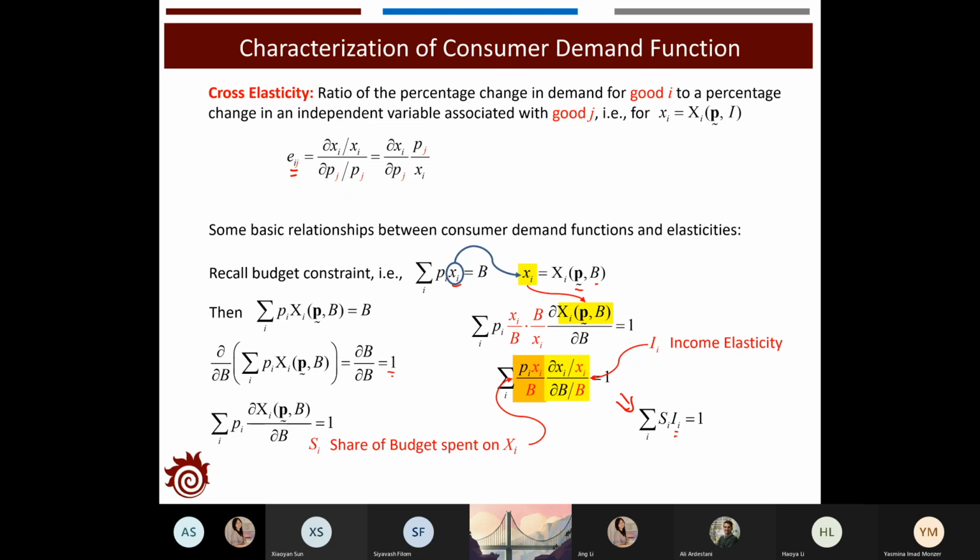II here is the income elasticity, and SI is the share of the budget spent on XI, which means the amount of the budget you spend to purchase the product I. If we do the summation of SI times II, it will always be 1. This actually comes from the budget constraint. So we see that the weighted sum of the income elasticity is always 1. That's the first relationship we have to consider.